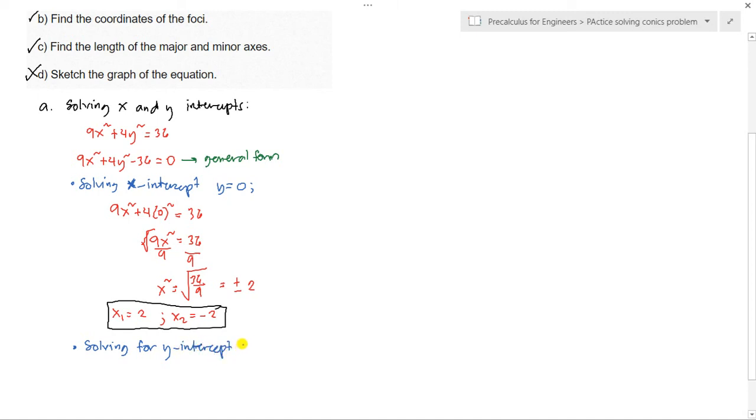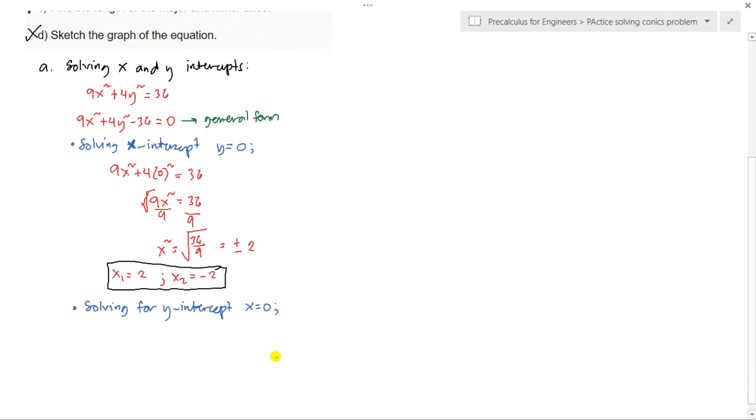Again, if we are finding the y-intercept, set x equal to 0, because it means we want the value of y where the graph crosses the y-axis. So we have here 9x squared plus 4y squared is equal to 36. So make x equal to 0. 9 times 0 squared plus 4y squared is equal to 36. So this becomes 0. Divide by 4.